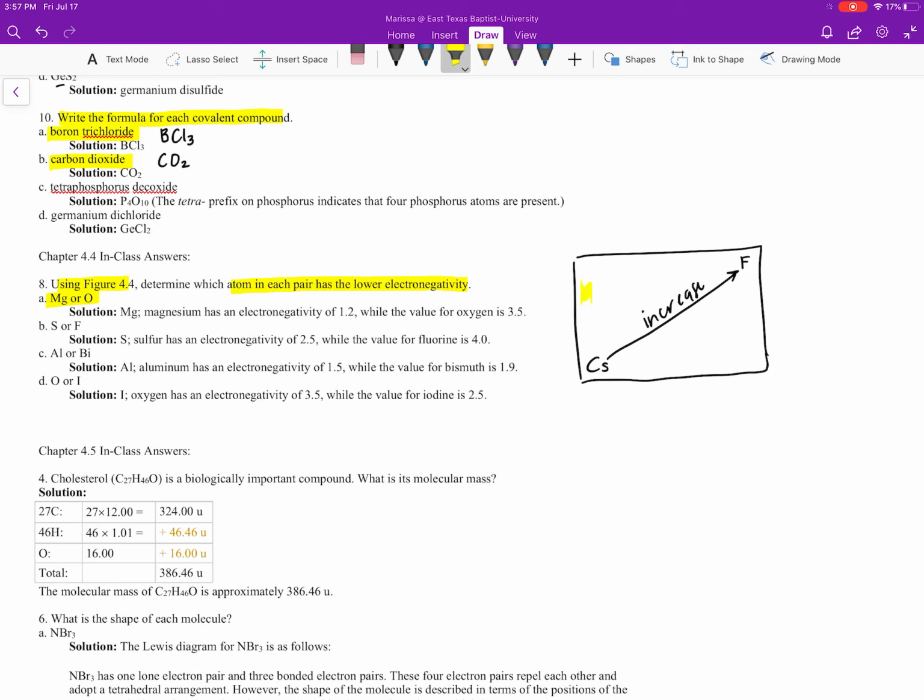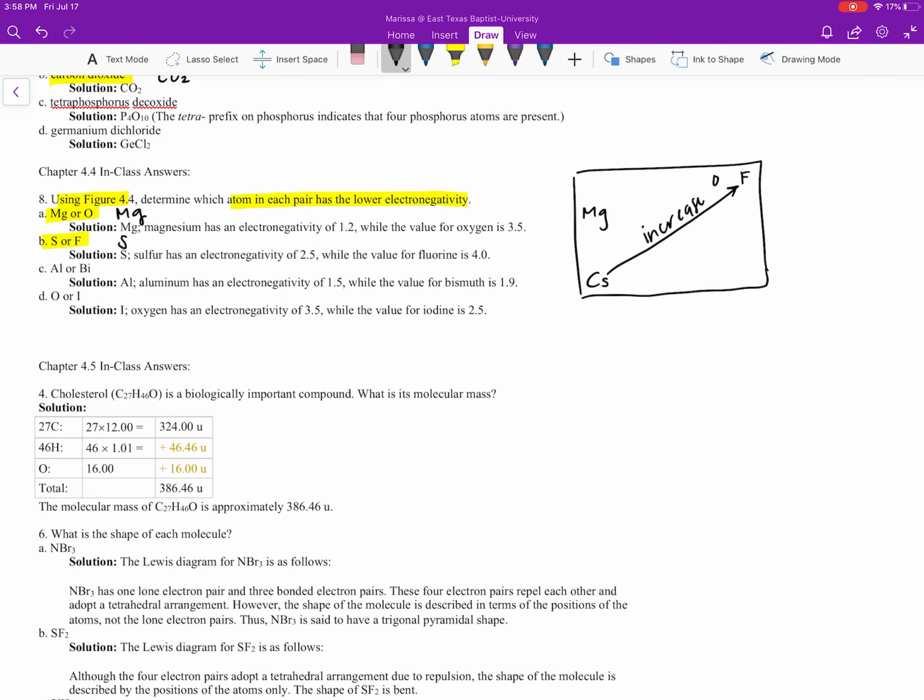Magnesium is over here with cesium. Oxygen is closer to fluorine. So I'm going to predict that magnesium is going to have the smaller electronegativity. If I do the same thing with sulfur and oxygen, the thing to always remember is fluorine has the highest number always, so that means that sulfur must have the lower number by default.